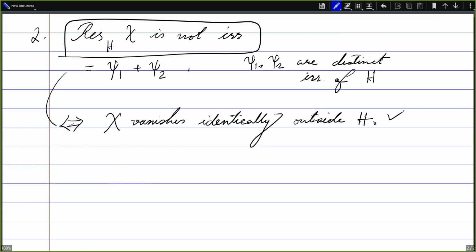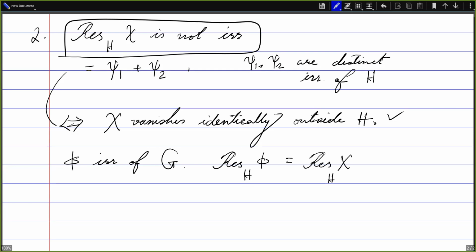Now let phi be another irreducible character of G such that res phi to H coincides with res chi.